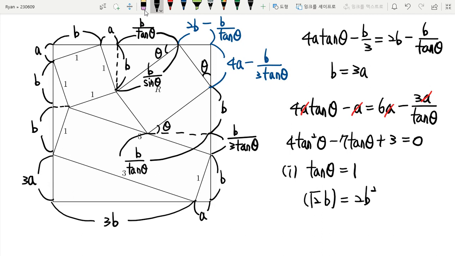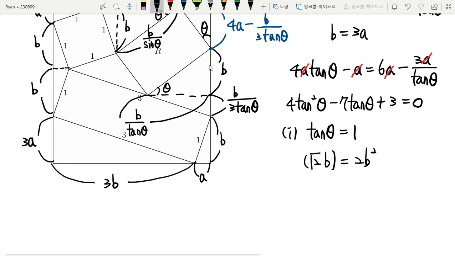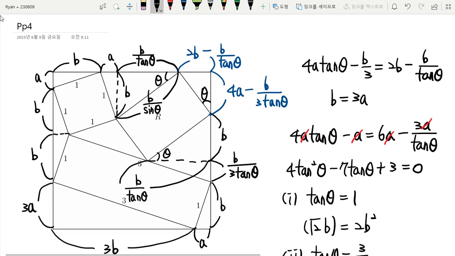And the second case is when tangent theta is 3 over 4. Now each side length is different in this rectangle.